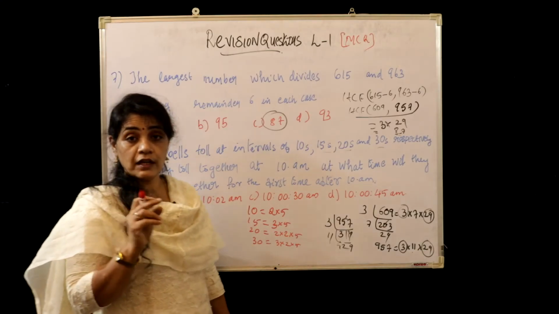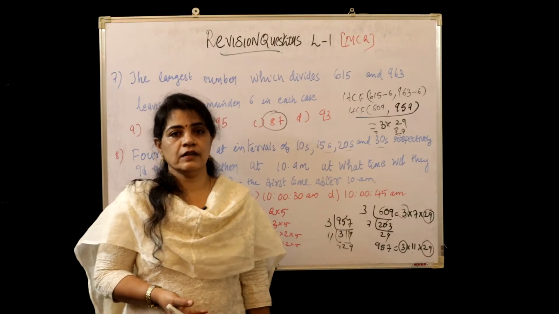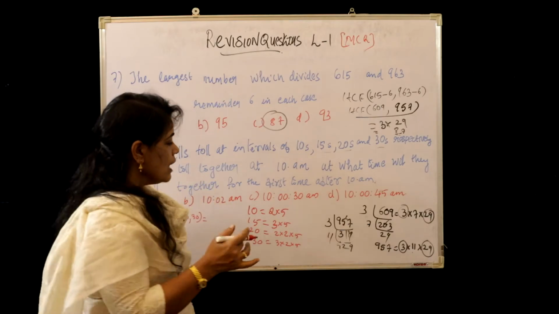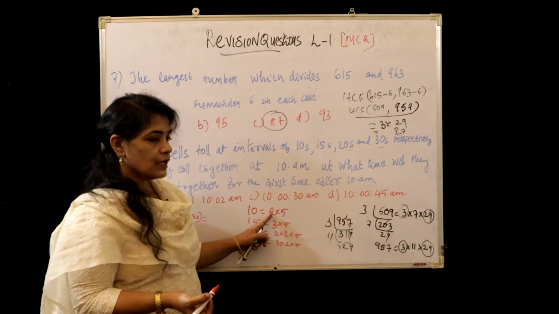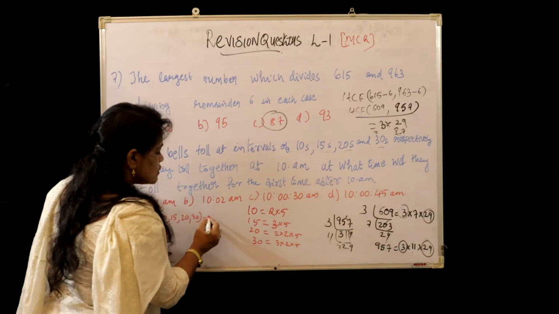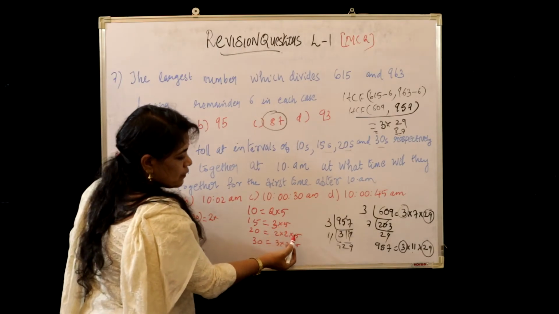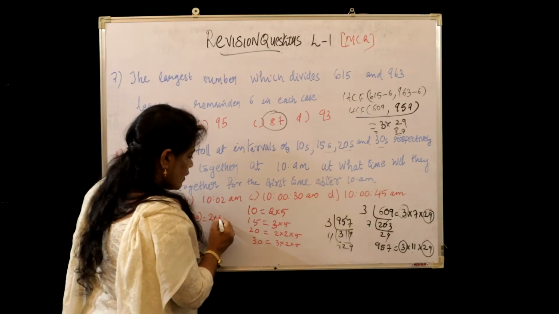You have to find out the product of each prime number occurring in the prime factorization. Here we are not considering only the common ones. So 2: you have to consider 2 and the greatest power is 2 squared. And 5 also is a common factor, but the power is 1, so 5.